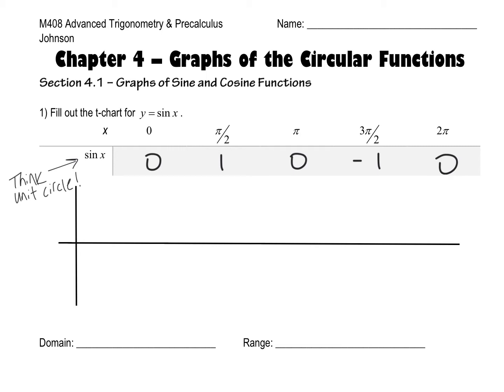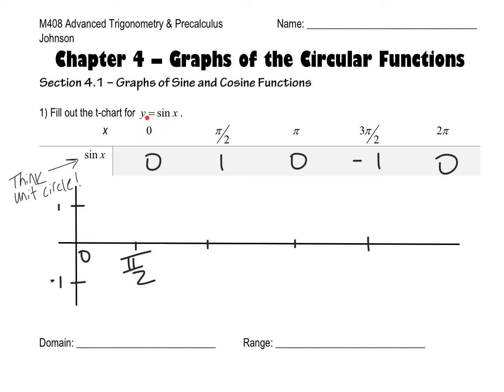And so what I'm going to do here is notice how all my y values are either 0, 1, or -1. And so that's why I'm going to label my y-axis as a 1 and a -1, and I'm going to put all of these x values. Obviously the x value here is 0, but it's like a weird looking sideways t-chart is what all of our graphs kind of look like. And this one here is pi over 2, that's my second x value.